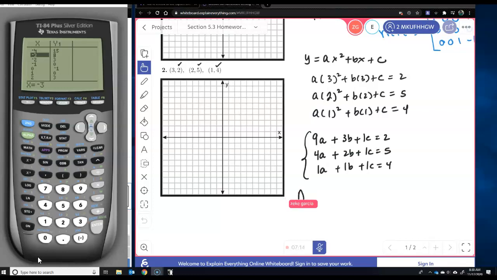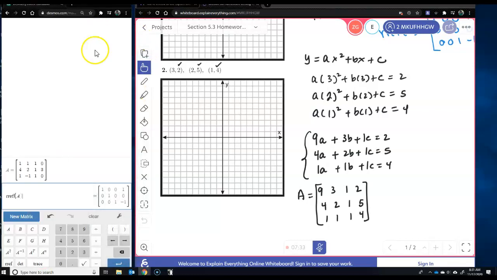So we're going to go ahead and make up a matrix. We have 9, 3, 1, 2, 4, 2, 1, 5, 1, 1, 1, 4. So there is our matrix. So I'm going to go ahead and minimize this, and we're going to make a new matrix, and we're going to clear everything.